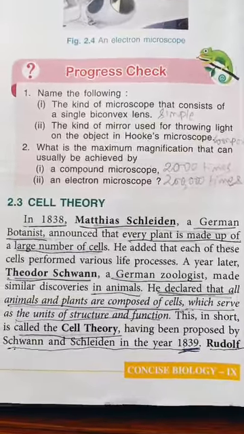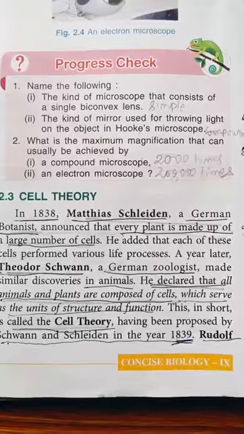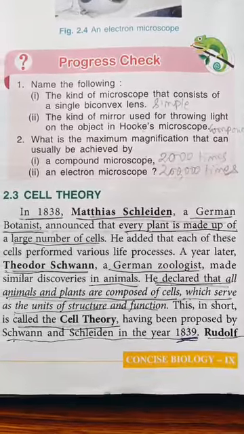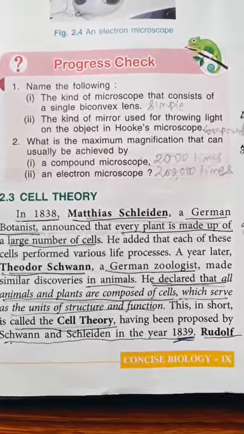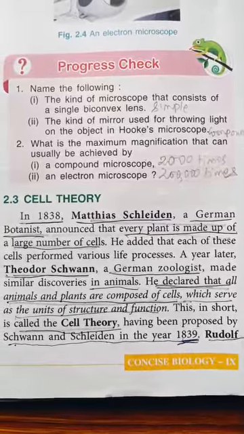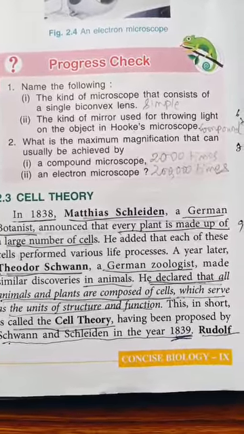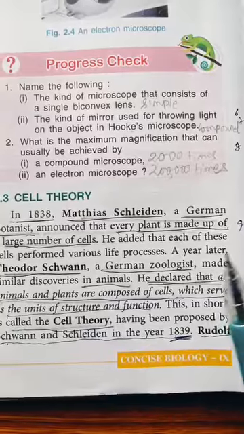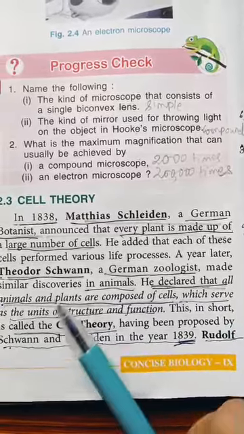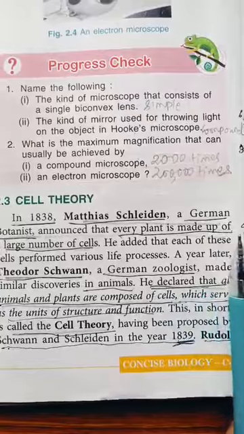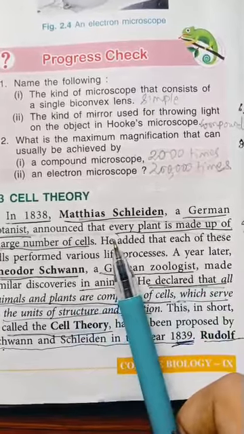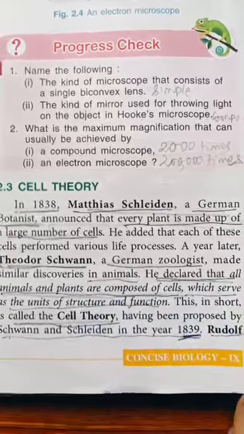Cell theory. In 1838, Matthias Schleiden, a German botanist, announced that every plant is made up of a large number of cells. He examined a plant and noticed this.